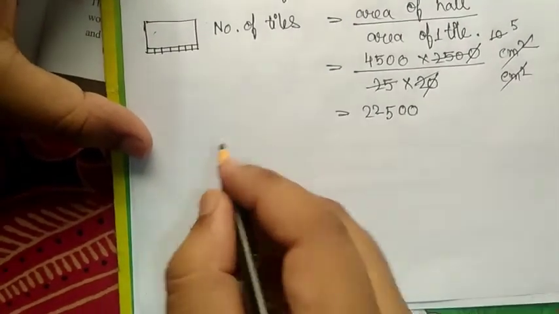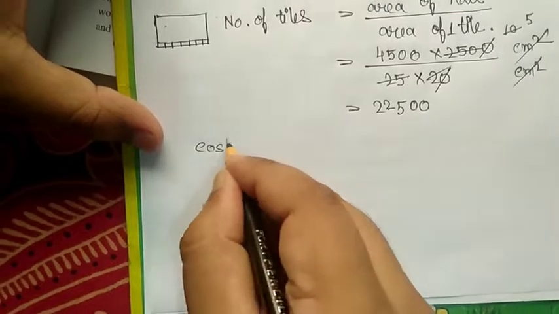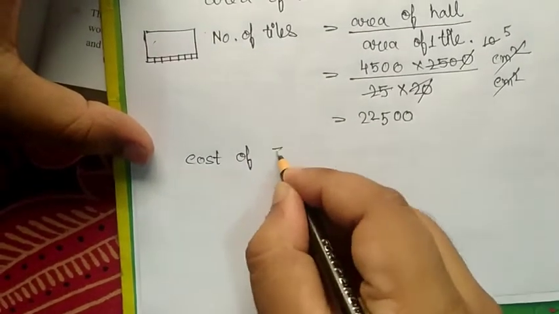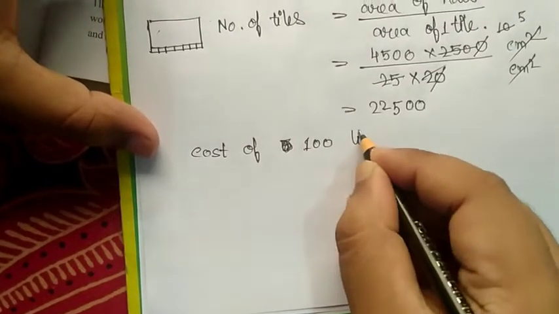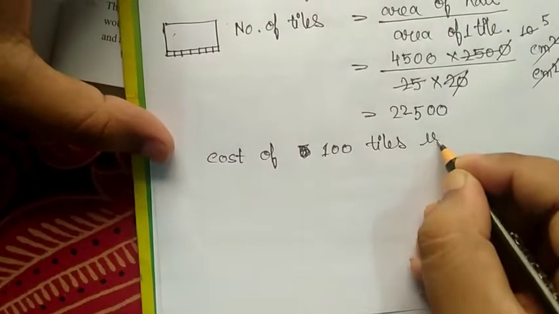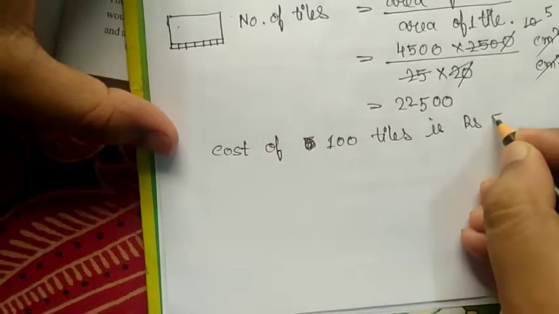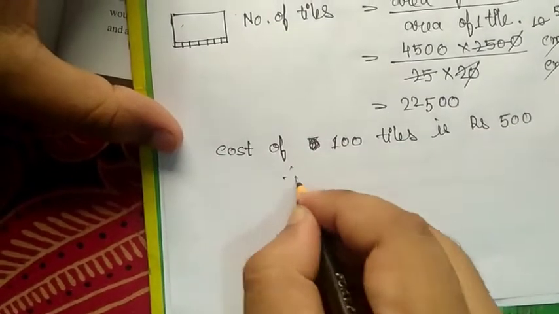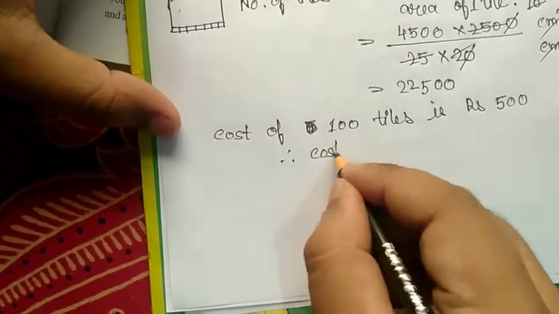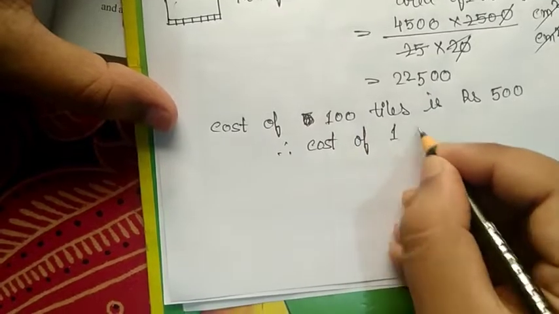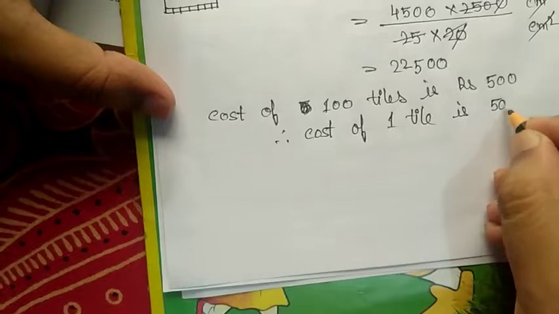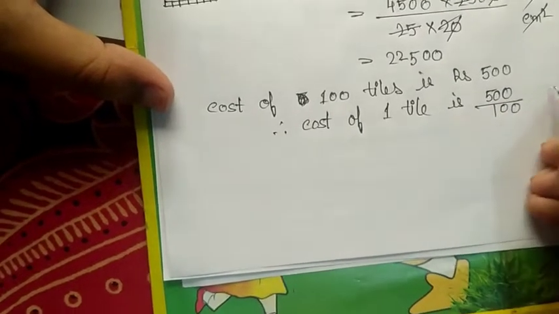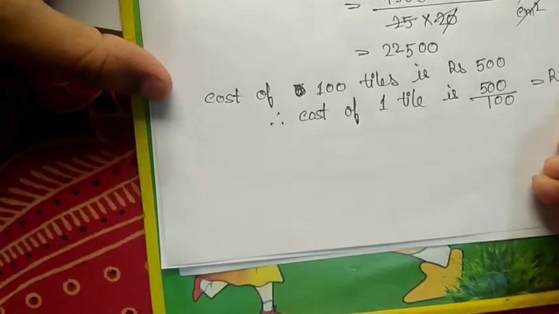Now cost of 100 tiles is rupees 500. So therefore cost of one tile is 500 by 100 equal to rupees 5.